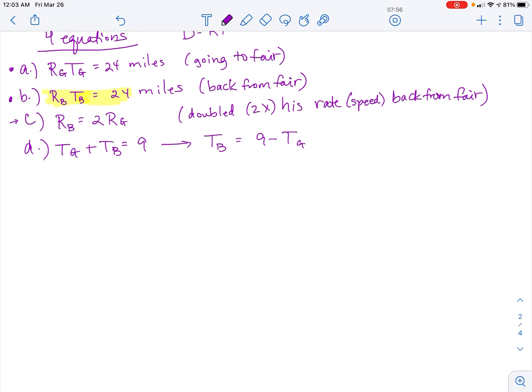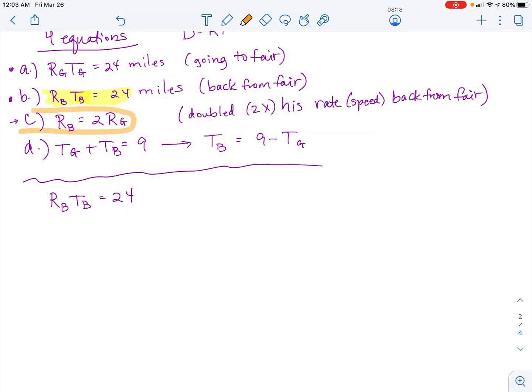So we're going to use that for our base because I can substitute in for R sub B. So let's rewrite R sub B times T sub B, the rate times the time of him coming back from the fair, equals 24. And I'm going to substitute for R sub B. So for R sub B, we're going to put 2R sub G.